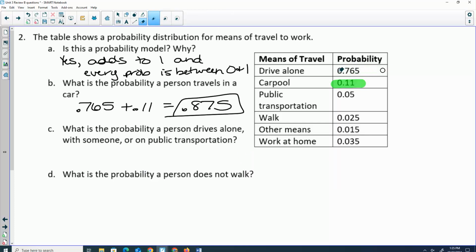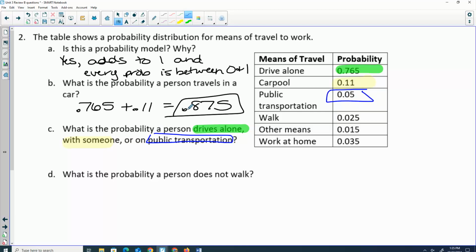Part C says, what's the probability a person drives alone? So here's my drives alone with someone. Okay, so with someone would be carpooling, or on public transportation.